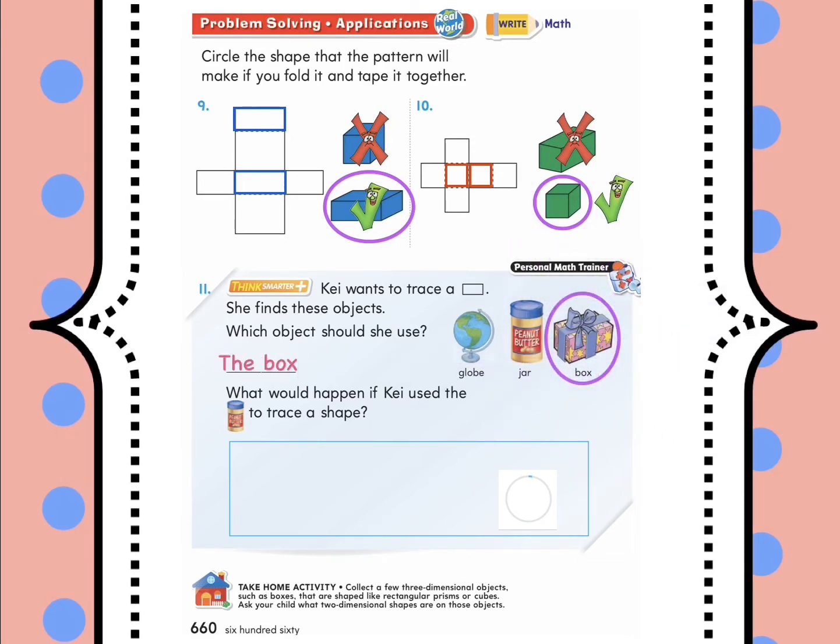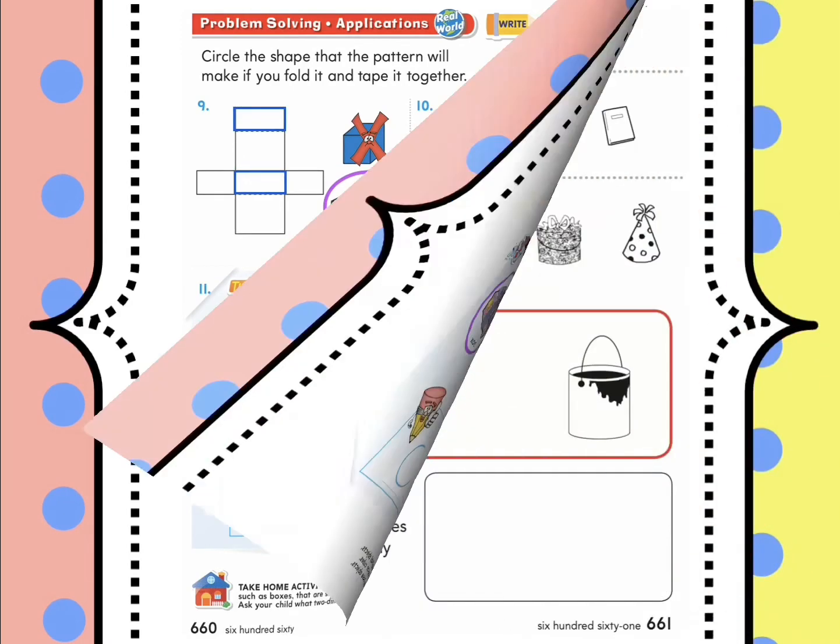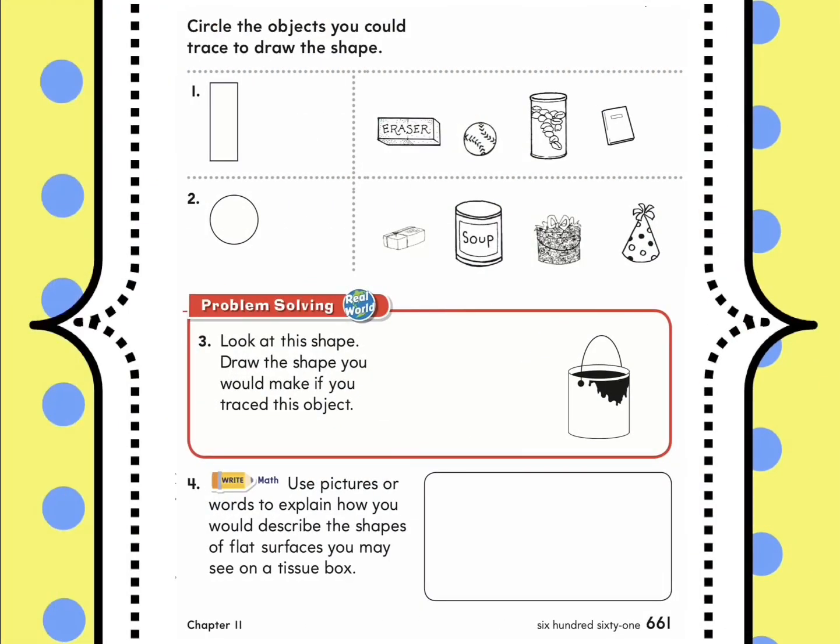Now, what would happen if Kay used the cylinder or the jar to trace a shape? Excellent. Now, the faces we can find or trace on the cylinder are the circles. So, she would trace a circle. Circle the objects you could trace to draw the shape.